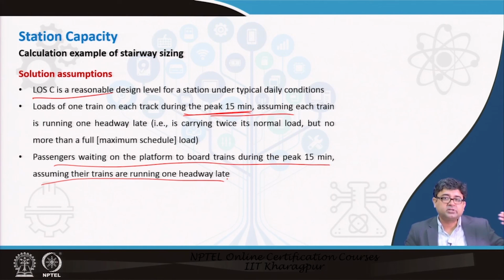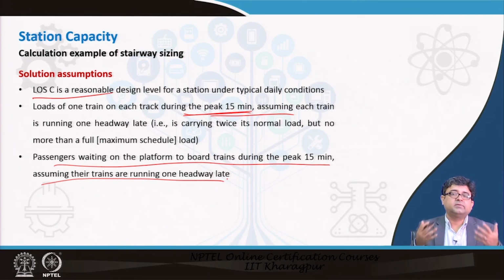If all the passengers get on the train and there is nobody left, that means the trains are running on proper headways and everybody is getting on the train. There is no excess volume, no excess capacity. But in order to develop the stairway width capacity, always be on the safer, conservative side, and think that there is one headway delay in the running of the trains.